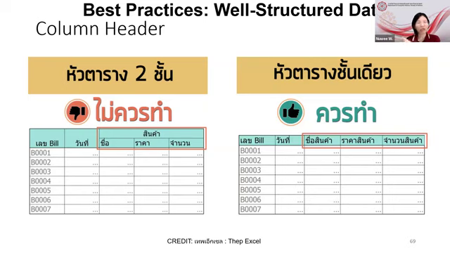This is structured data for analysis only, not for report. If you want to prepare data for analysis, you can see that everything you use, either with the format as table, Excel table, or with the column in Power Query, is referenced by column header.